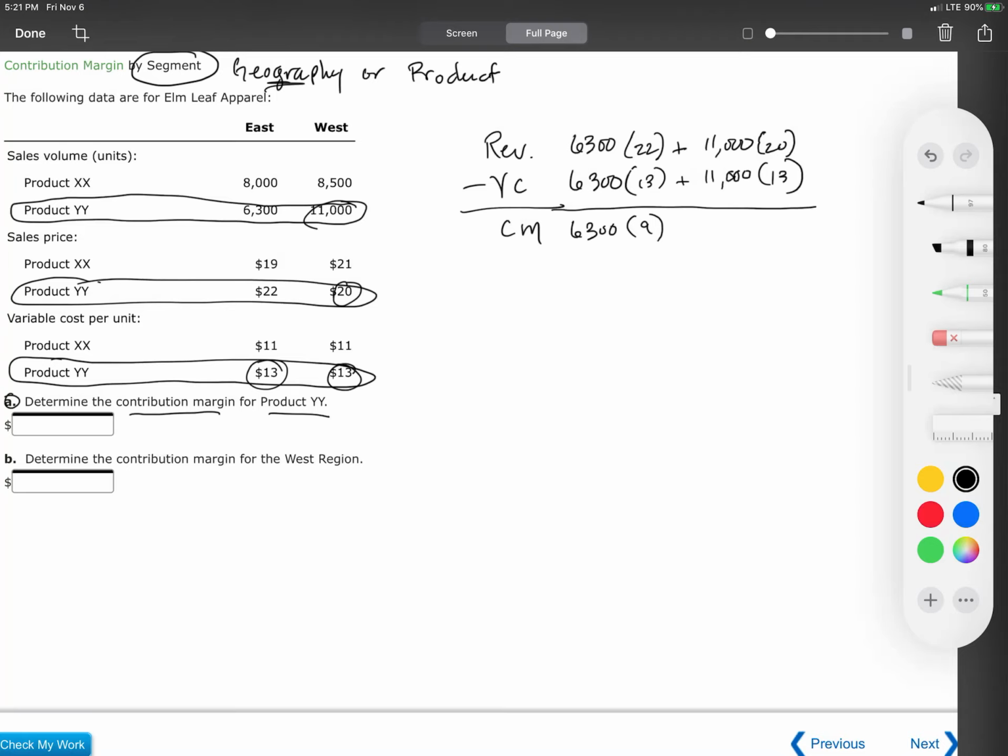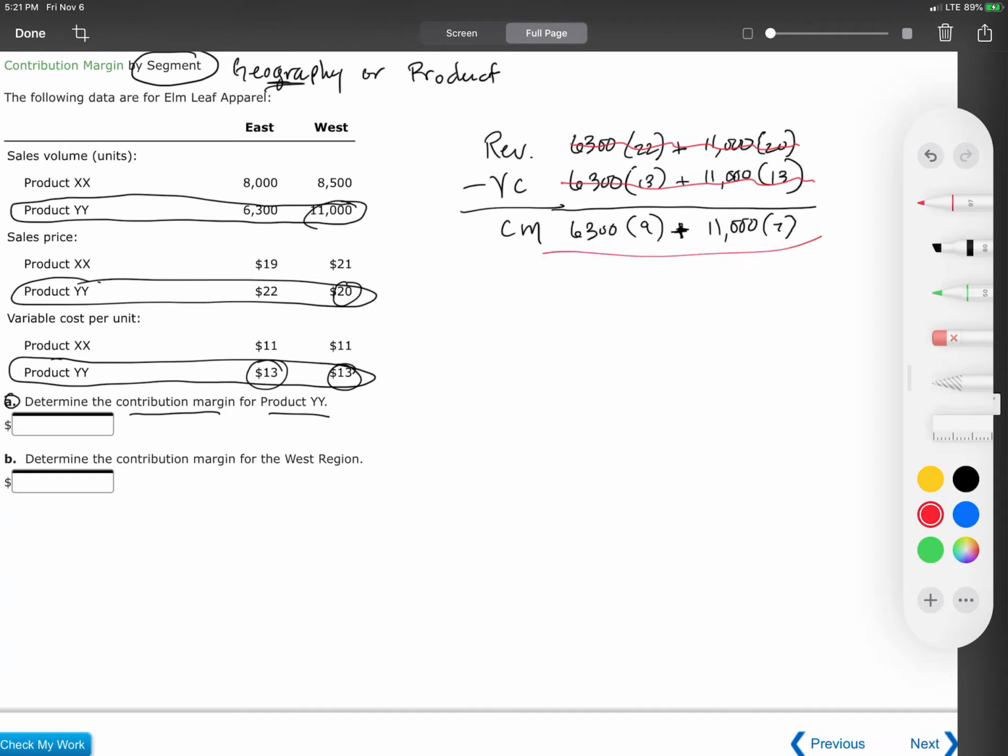The contribution margin line 6,300, and this is 7, 8, 9. Now, I didn't need to write those first two lines up there. I could have done this in my head and just wrote 9. But I'm being explicit. But I'm also teaching you how to do it quickly. So this would be 11,000 times 7.